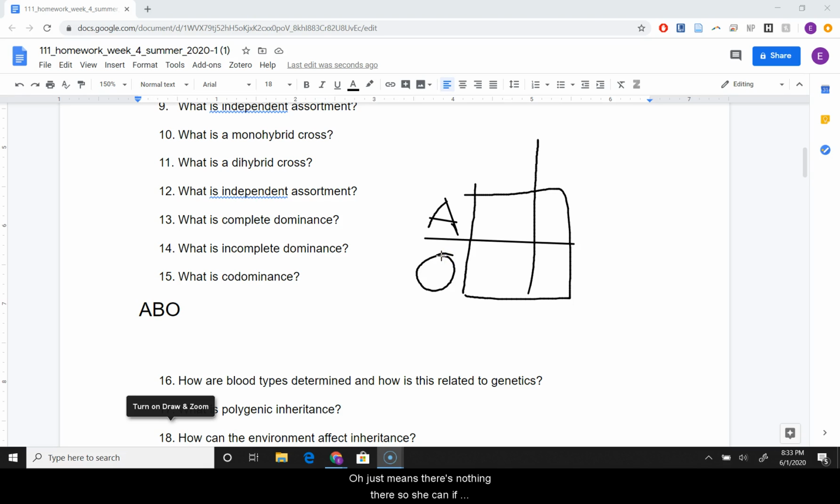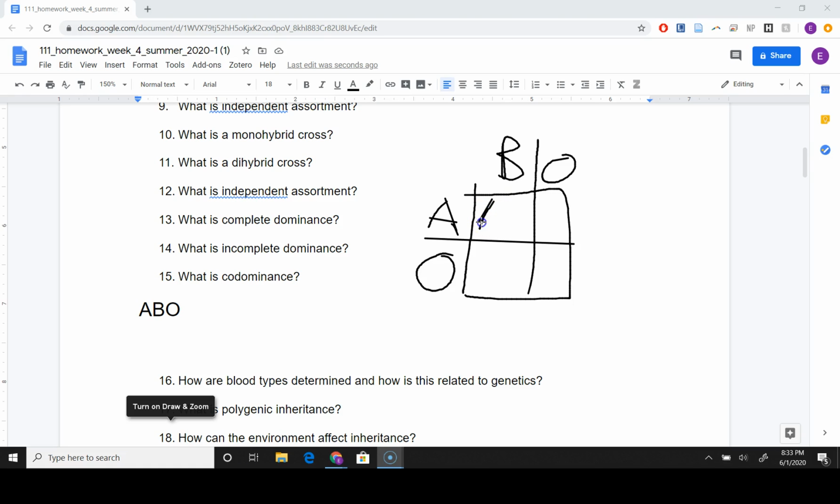O just means there's nothing there, so if she was type AO, she'd have a bunch of A flags on her blood cells. If she was type AA, she'd have a bunch of A flags on her blood cells. Let's say your dad is type BO. So what are the varieties of kids that a type A heterozygous person and a type B heterozygous person can have?